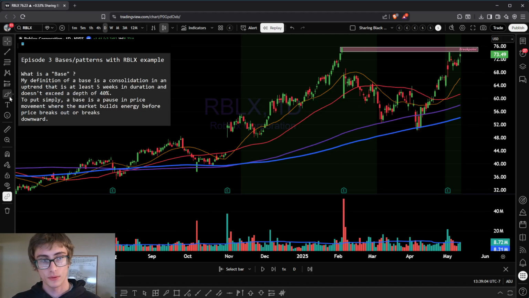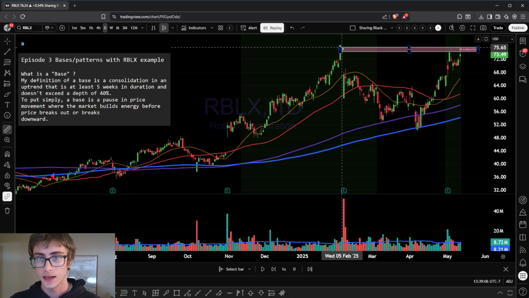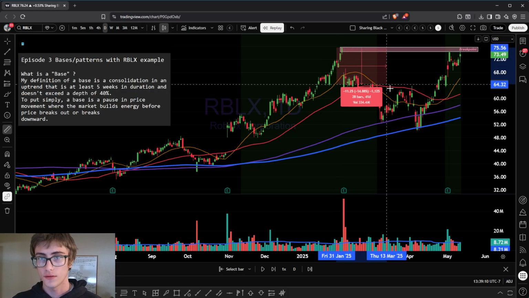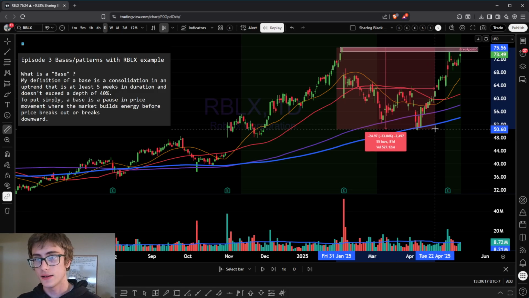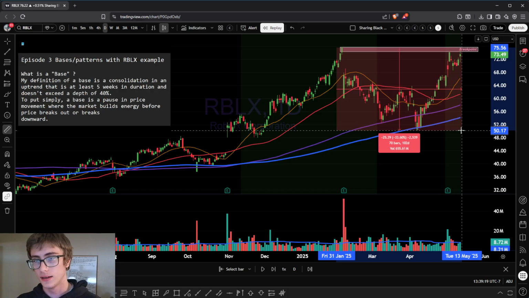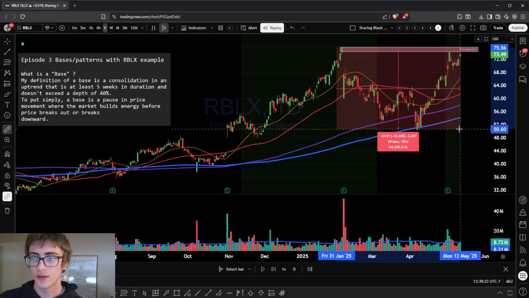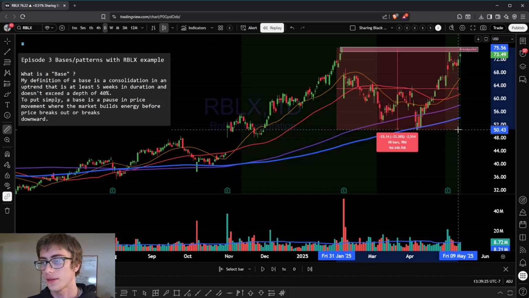So, for example, here we have Roblox. If I get the handy dandy ruler and draw from the high to the low, we have a 34% depth, which isn't too bad. And if I pull it all the way over here, it's 101 days, which is longer than 5 weeks, the minimum length.